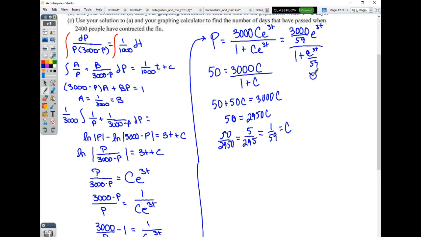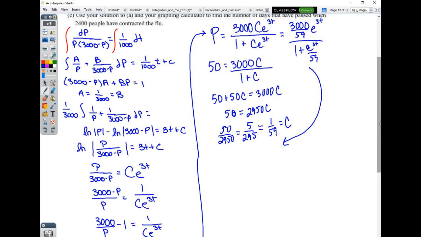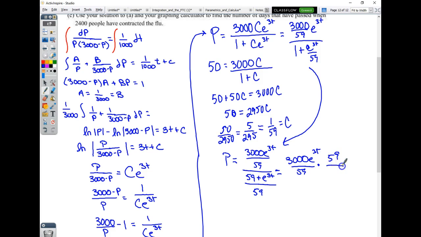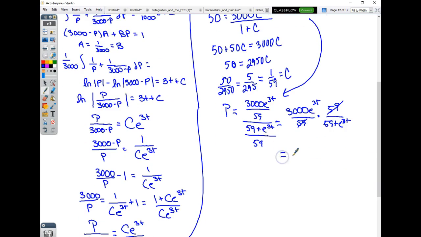You'll actually see this work right here be done, and we'll do even more to it from here, where we will say that this is actually p equals 3,000 e to the 3t over 59, and then we'll create a common denominator in our bottom, calling this 59 plus e to the 3t over 59, which is the same thing as 3,000 e to the 3t over 59 times 59 over 59 plus e to the 3t, giving us a final value of 3,000 e to the 3t over 59 plus e to the 3t.